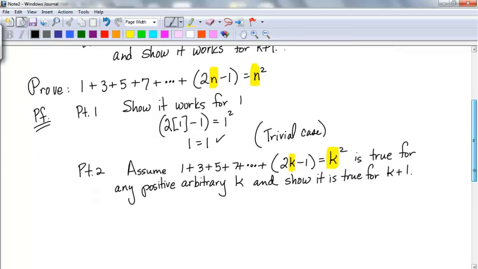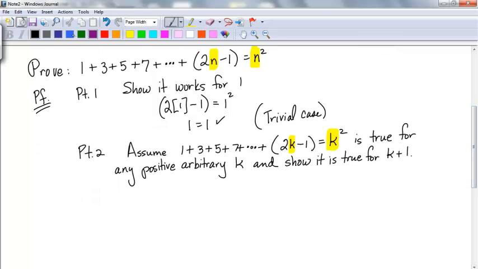Now you actually do the algebra. You write 1 plus 3 plus 5 plus 7 plus ... plus 2k minus 1. We need to show it's true for k plus 1, so you need to go one more term on the left side.